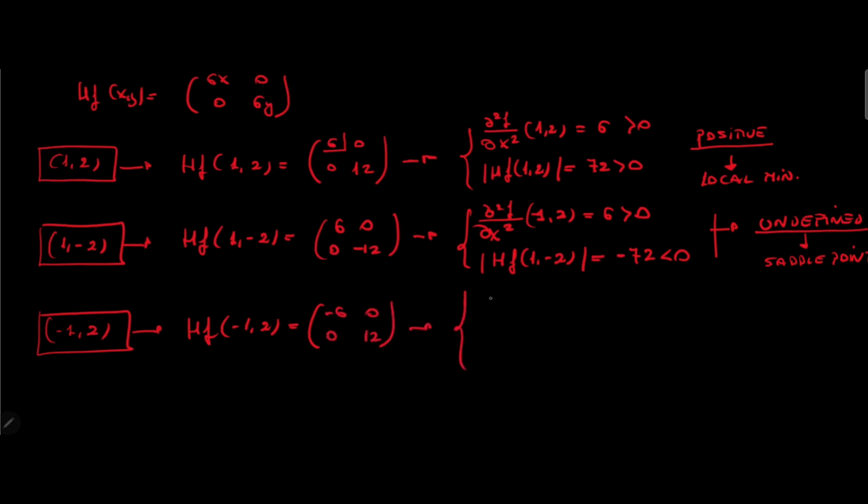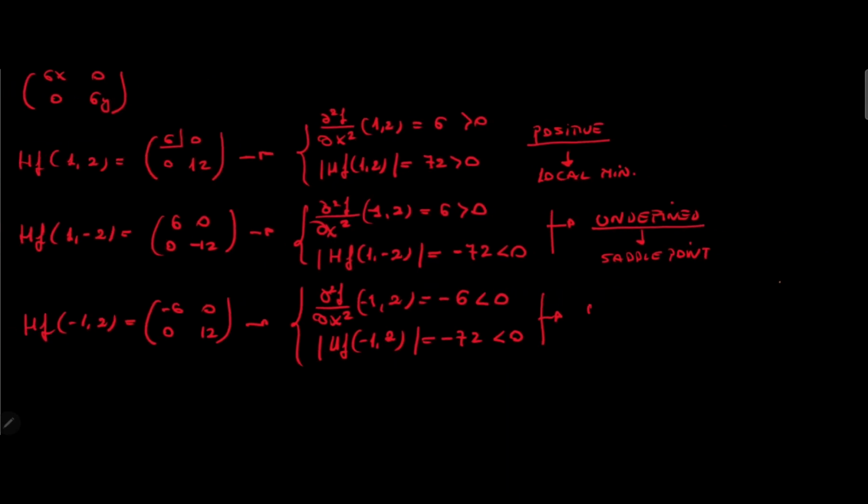And so the second order partial derivative according to x twice at minus 1, 2 equals minus 6, that's negative, and the determinant is also negative. So negative, negative, it's undefined. So we have again a saddle point.